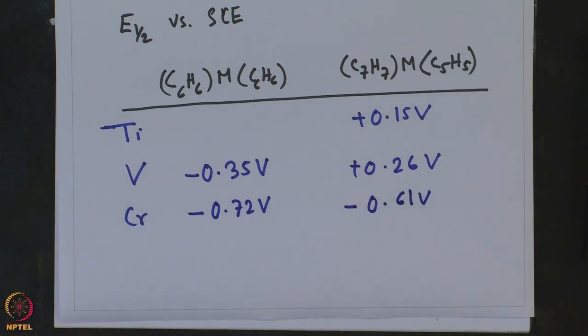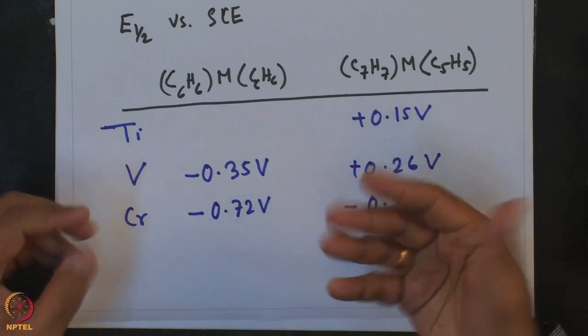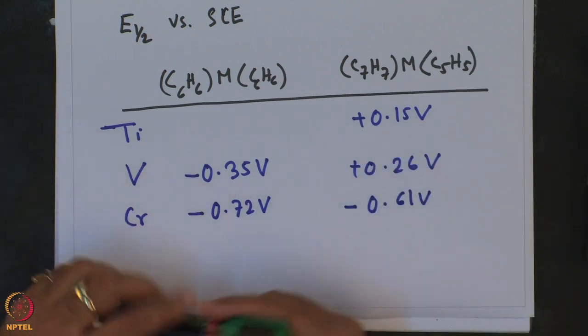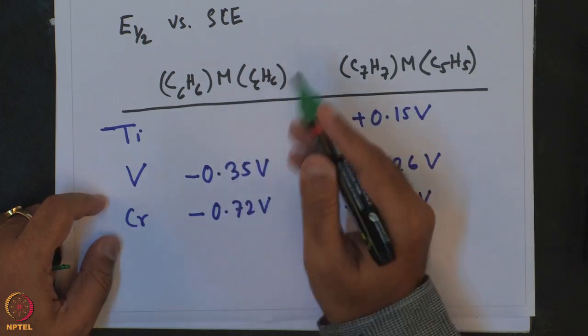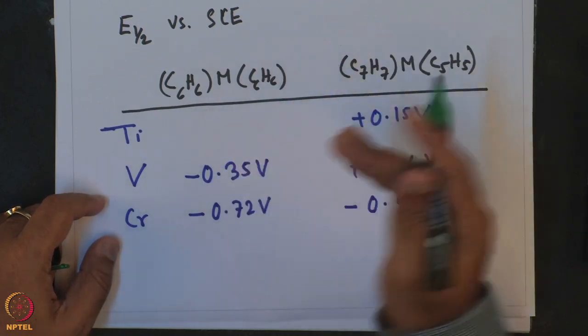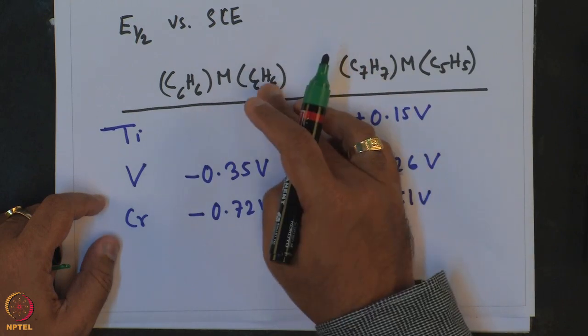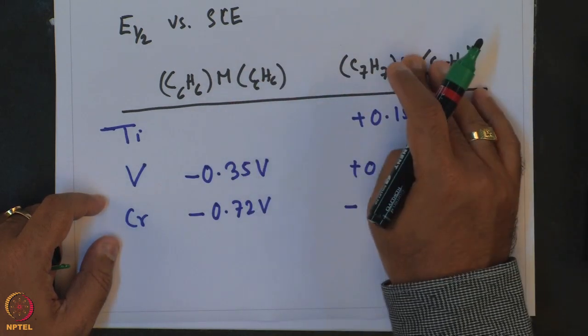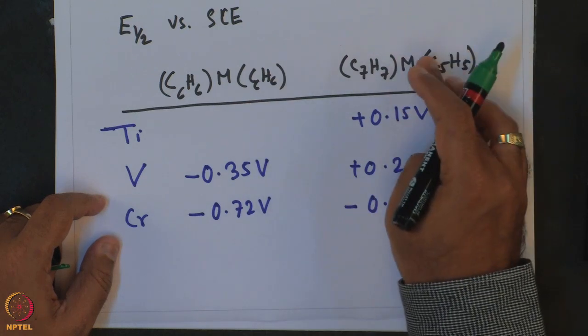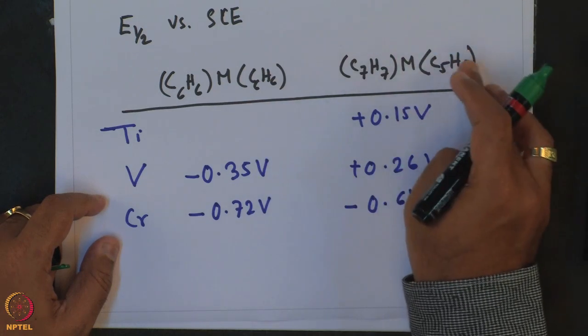So, what this grossly tells us is that these benzene C6H6 complexes are more air or moisture unstable as opposed to the C7H7 M C5H5 complexes.